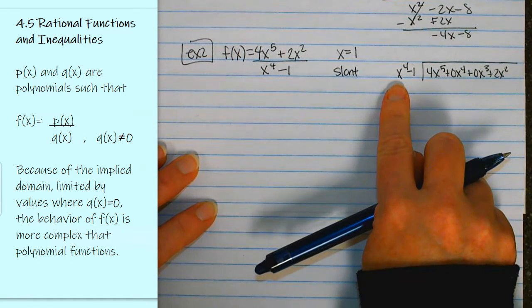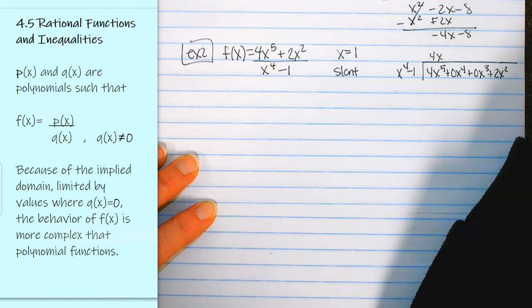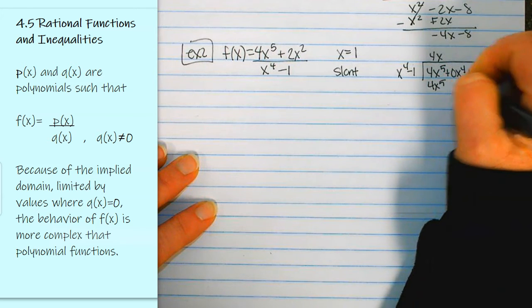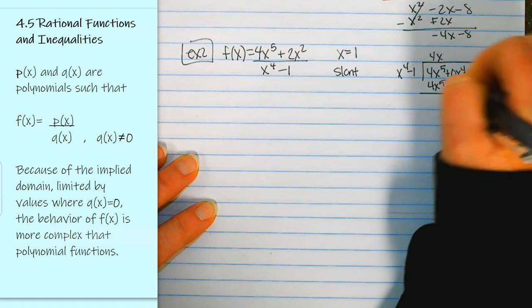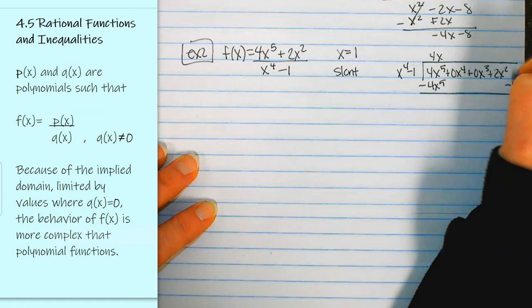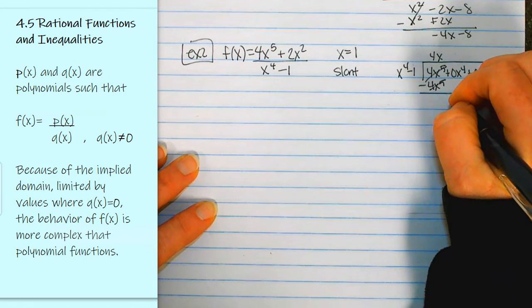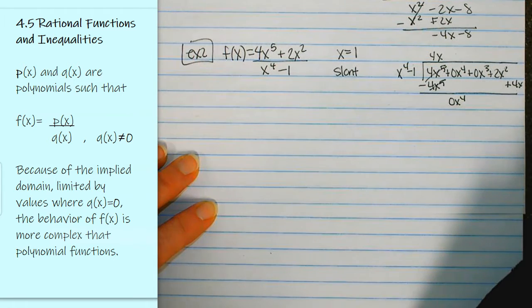So if I try to divide it out, I've got 4x to the first power. That will be 4x to the 5th, minus 4x, so minus 4x over here. And then change the signs, this cancels. Now I have 0x to the 4th. Oh, that other one should have been 0. That was so silly.